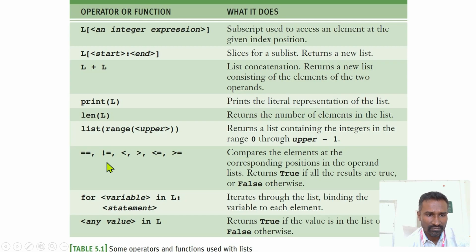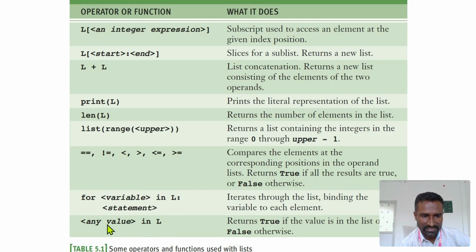And this is the equality operator, which compares values. If the value is there, it displays true; if it is not available, it will output false. And with a for variable in list statement, we can check any value in the list. So these are all the basic operations in the list that we covered.